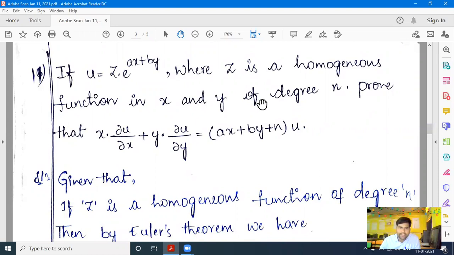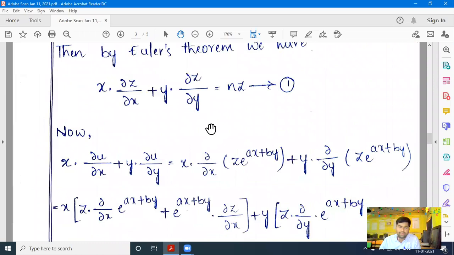Z is a function of x and y, which means we have to partially differentiate z with respect to x and with respect to y also.